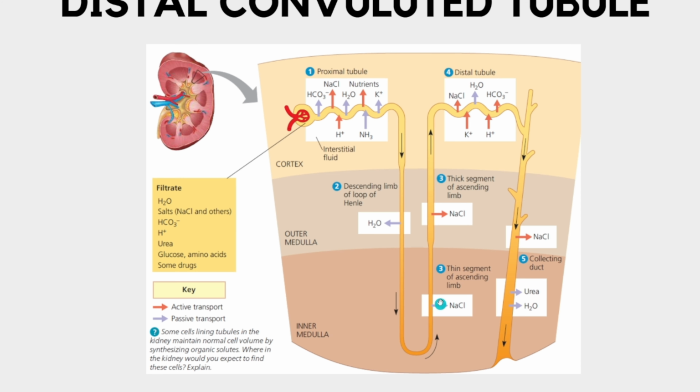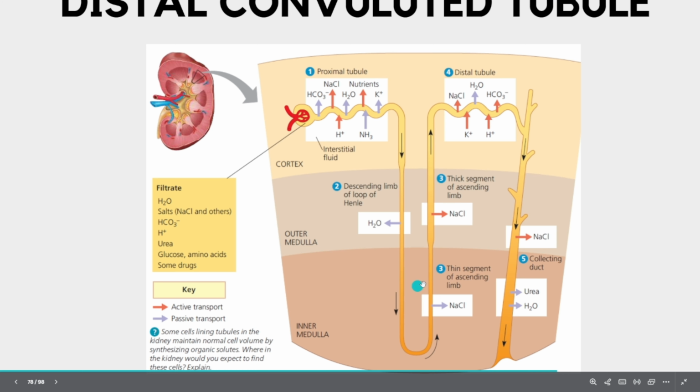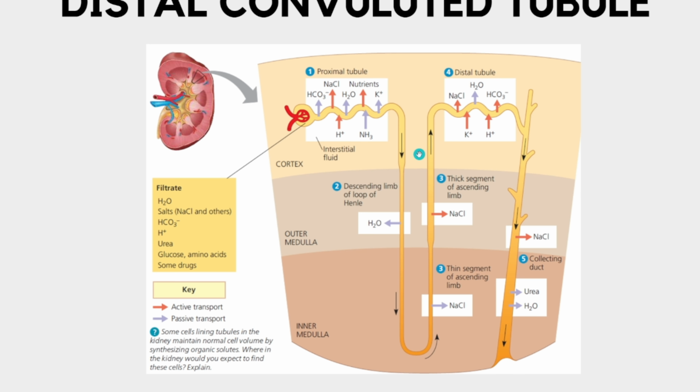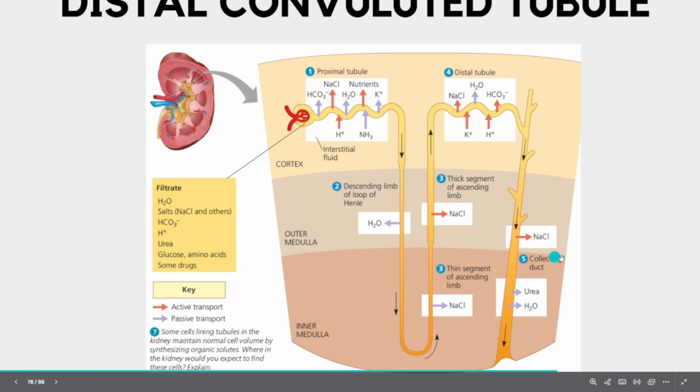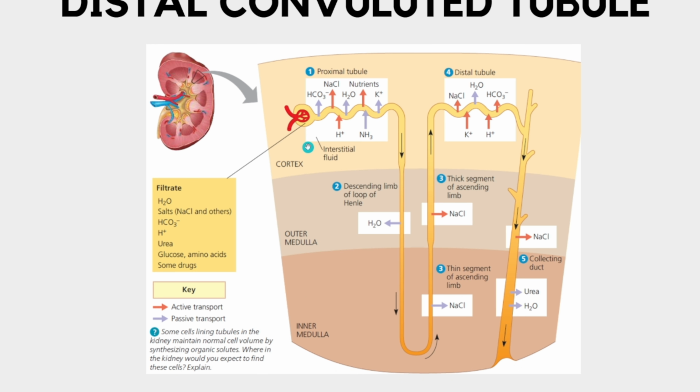So this movement of NaCl maintains the high osmolarity of the interstitial fluid in the medulla region. It is actually like a balance. You can imagine that in natural conditions, the medulla region needs to be very highly concentrated compared to the outer cortex.